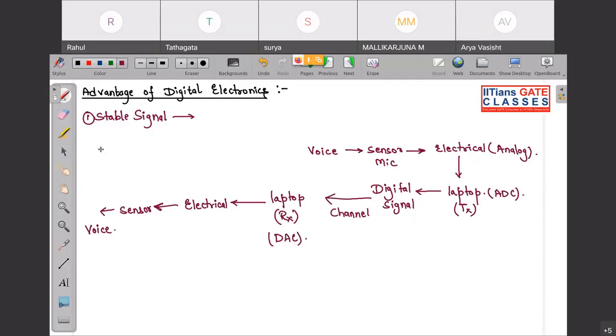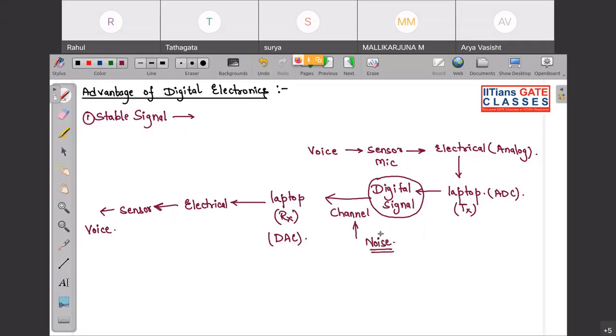Now by stability of signal, what do we mean? Some of you might be sitting in Bangalore, Kolkata or Patna, anywhere, 1000 or 2000 kilometers from my place. When this digital signal is traveling through the channel, there might be noise.